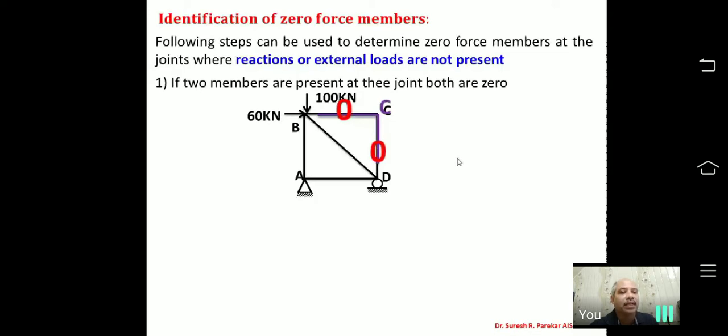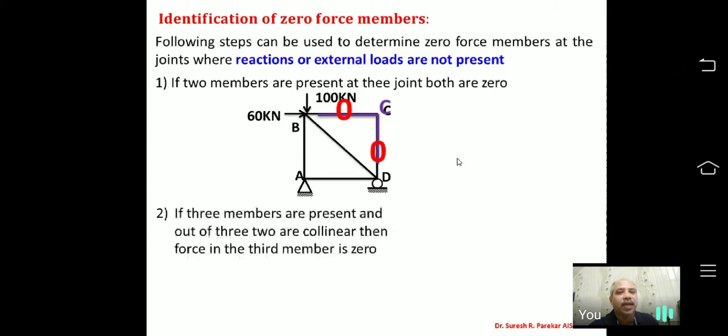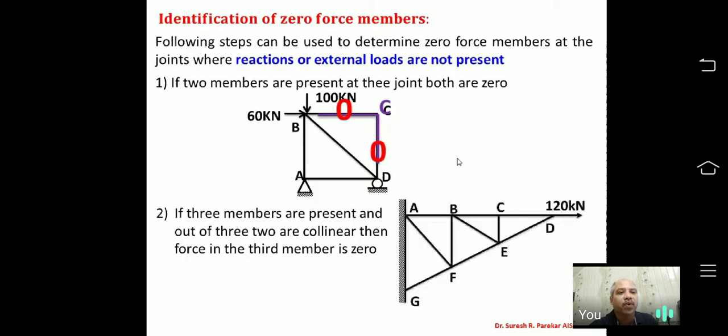If you consider joint C separately, apply Fx equal to 0, apply Fy equal to 0, then by using Fx equal to 0 you will get CB equal to 0, and by using Fy equal to 0 you will get CD equal to 0. Now this we can apply for a joint where we have only two unknowns. Suppose we have three unknowns at a joint, and out of these three unknowns, if two are collinear, then we are going to get the force in the third member as 0.